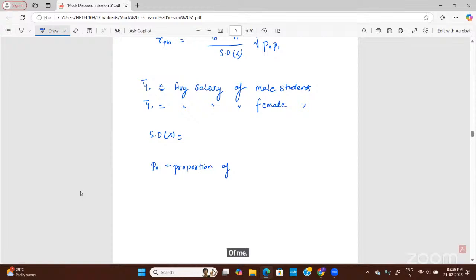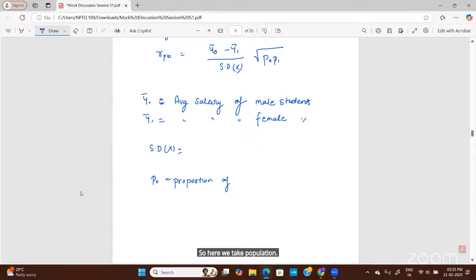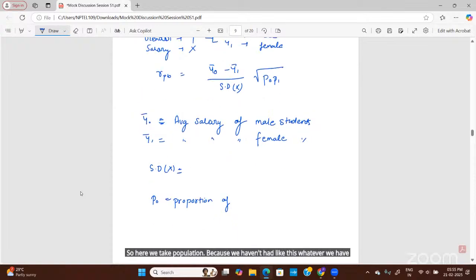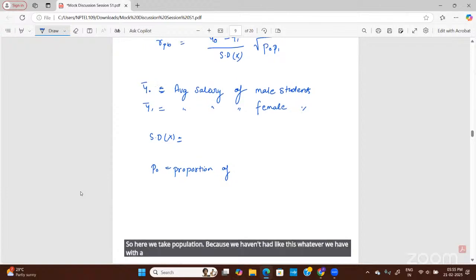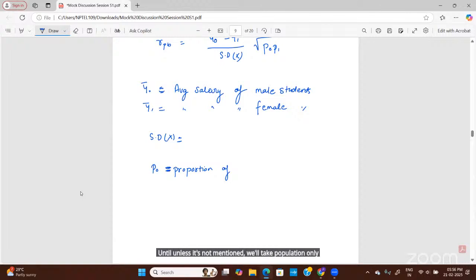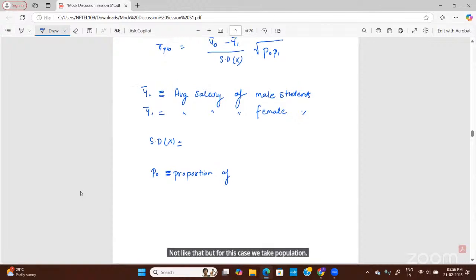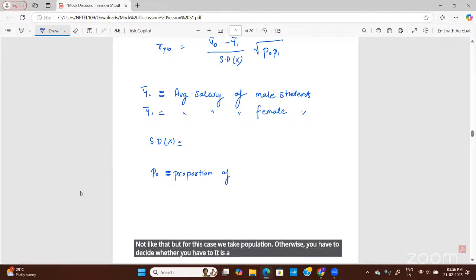Here we take population, because unless it is mentioned otherwise, we take population standard deviation. In other cases, you have to decide whether it is a population or a sample.